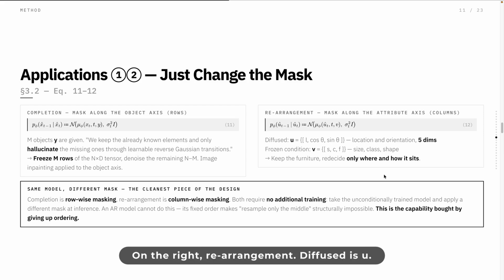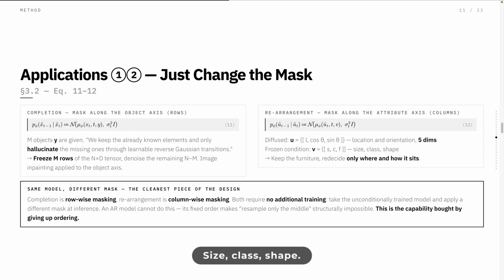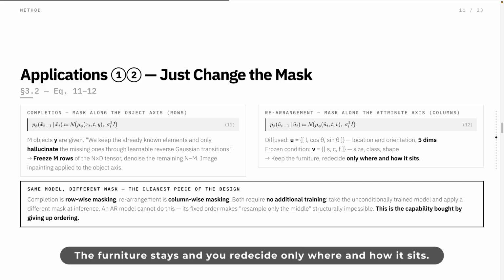On the right, the arrangement: diffused is U, location and orientation, 5 dimensions. Frozen as the condition is V, sizes, class, shape. The furniture stays and you decide only where and how it sits.